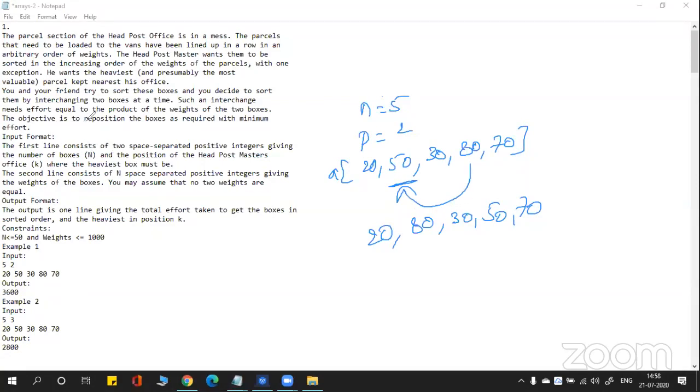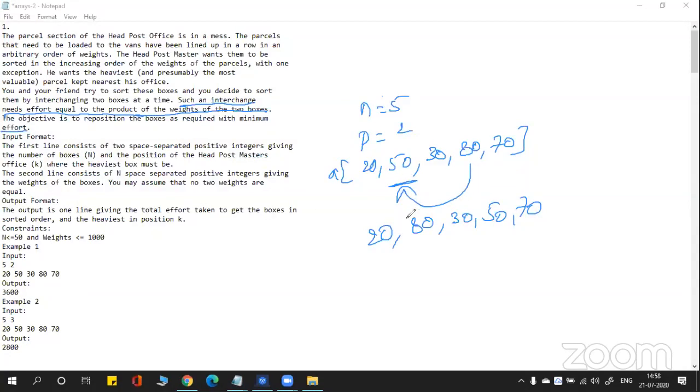Yes, and if you observe what the effort is here, such an interchange needs effort equal to the product of the weights of the two boxes, and the objective is to reposition the boxes as required with the minimum effort.